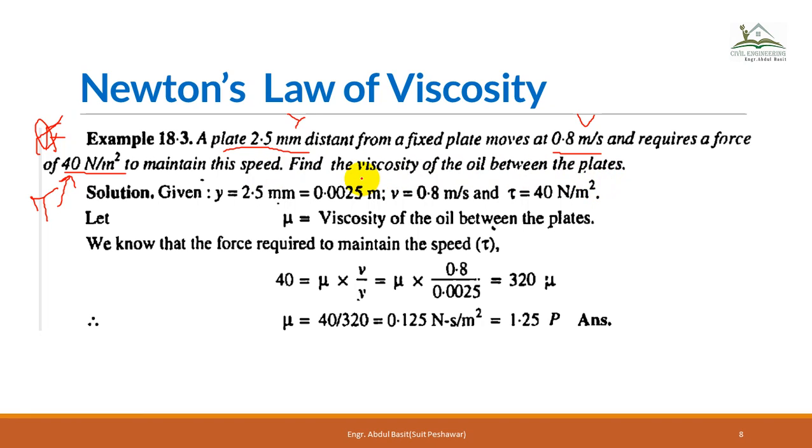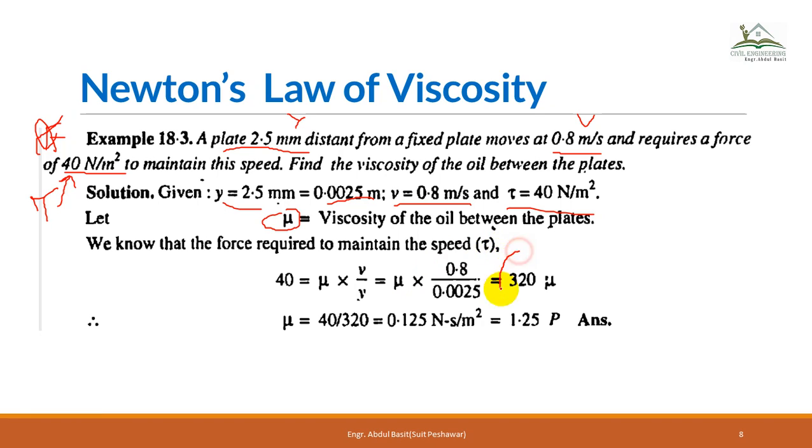So you need to find out the viscosity now, you need to find out mu now. Y is given in meters, velocity is this much, and tau is given, that is 14 Newton per meter square. The thing we need to determine is mu, so rearrange this equation for mu. Mu will be taken to the other side, and this will be the new form for us.